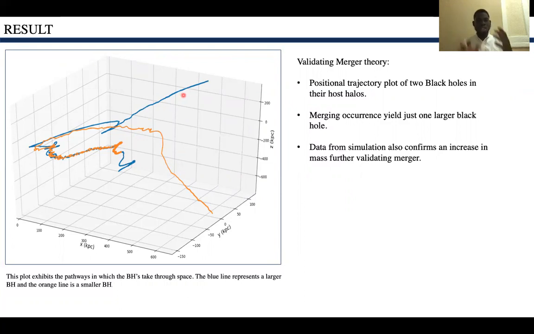As you can see, they are coming from different points in space, and at some point they merge together to form one black hole. So this validates the major theory of the formation of massive black holes. That means black holes merging together to form this larger black hole. And this was validated also from the increase in mass gotten from our data.